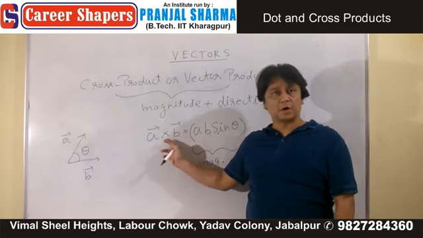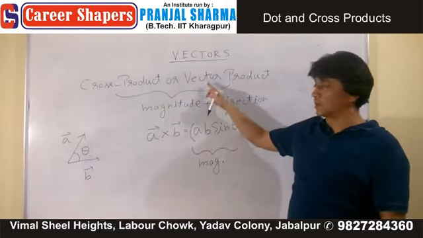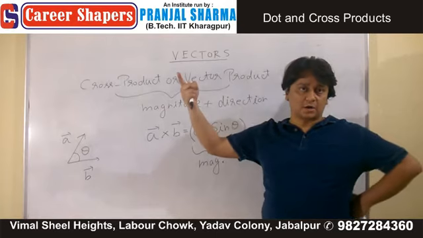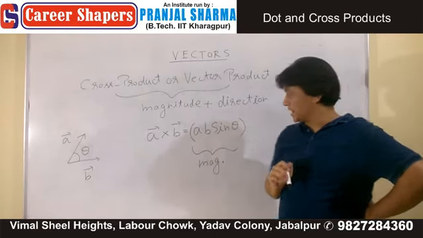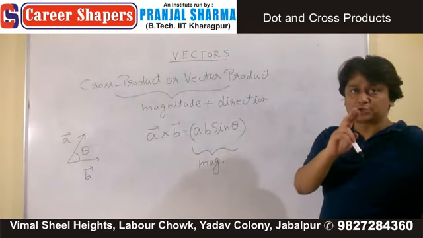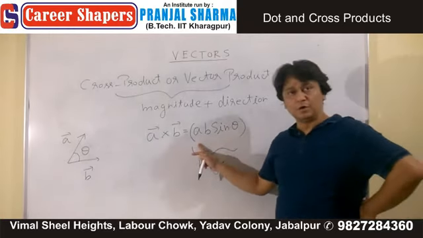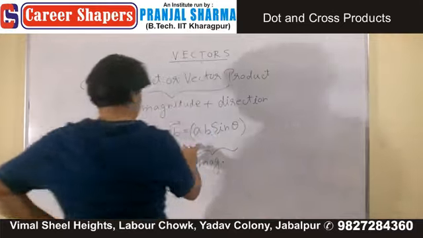What is cross product? It's a vector thing. The product is a vector. Since product is a vector, every vector has two things. One is the magnitude followed by direction.